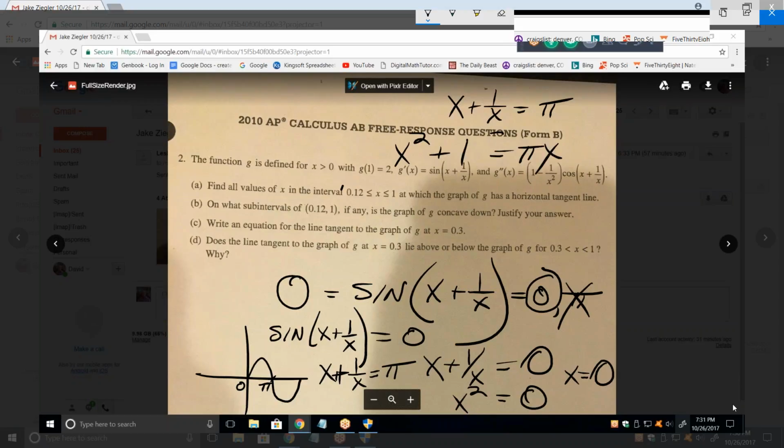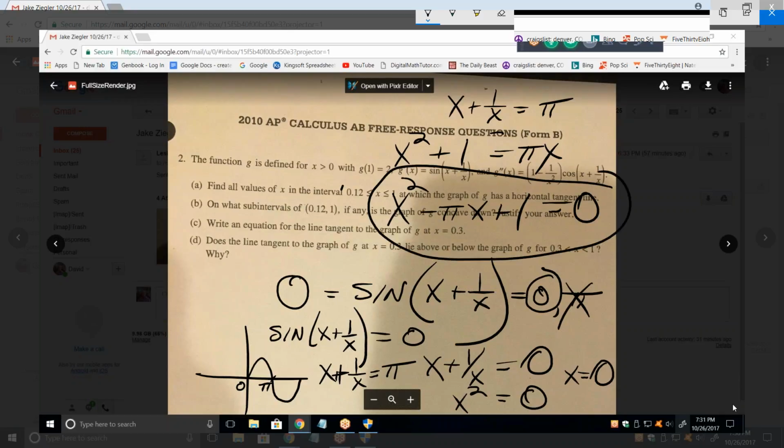Now I have a quadratic: x squared minus pi x plus 1 equals 0. I can solve that quadratic even if I have to use the quadratic formula. And both answers are going to be positive.